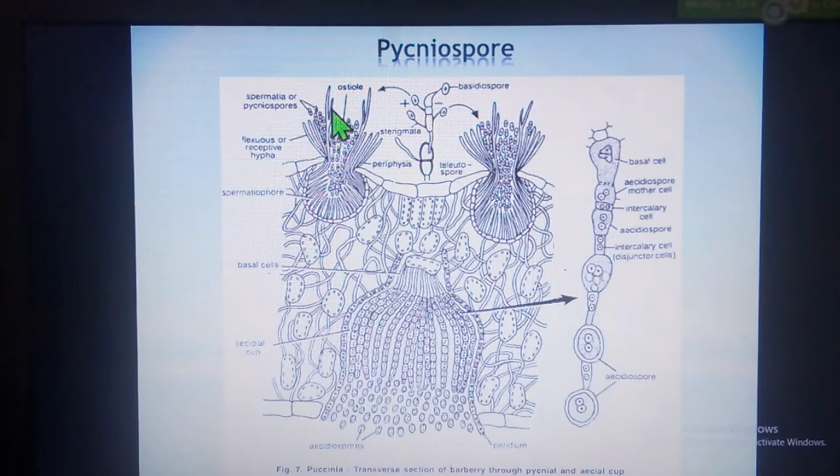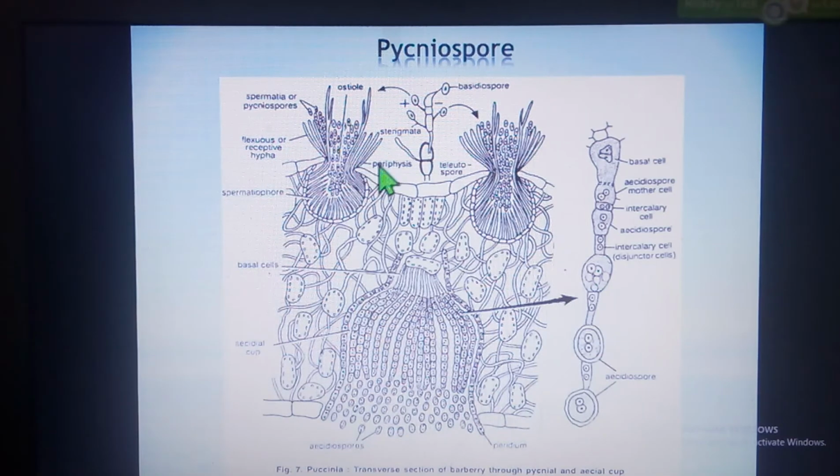You can see here these two, these are the flexuous or receptive hyphae, which intermingle with the periphyses. So just at the neck of this flask-shaped pycnium, you can see the presence of these receptive hyphae. Now, what is the function of these? I will tell you later.